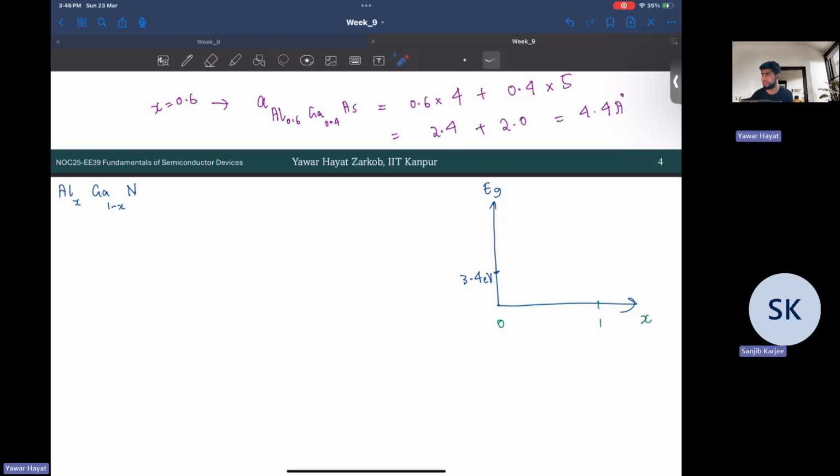And what is the band gap of aluminum nitride? Can you quickly search on the web and let me know? The band gap of aluminum nitride is greater than this, but what is the exact value?